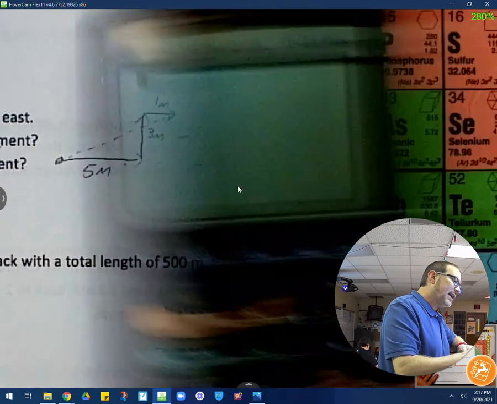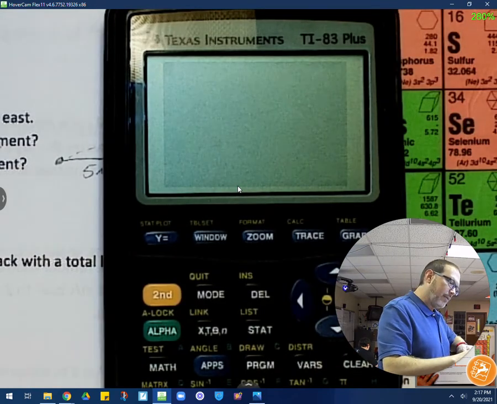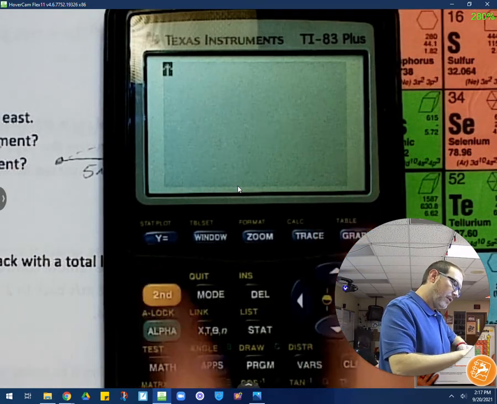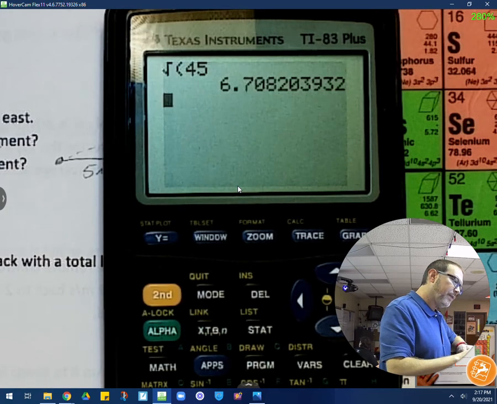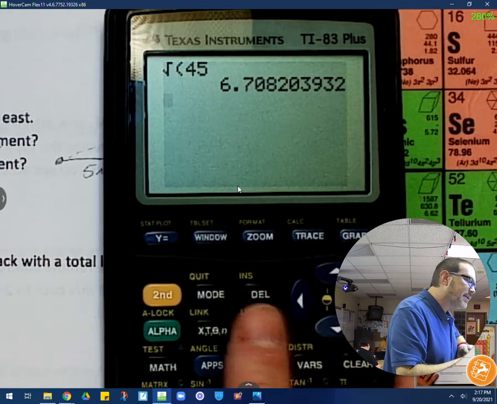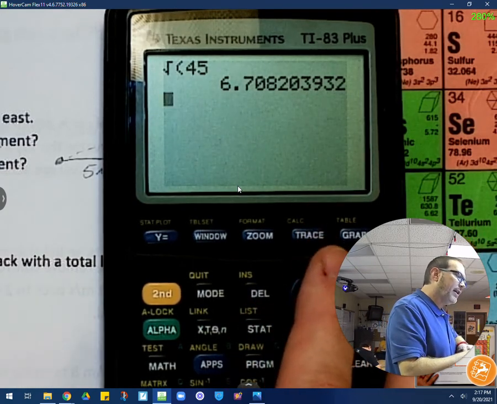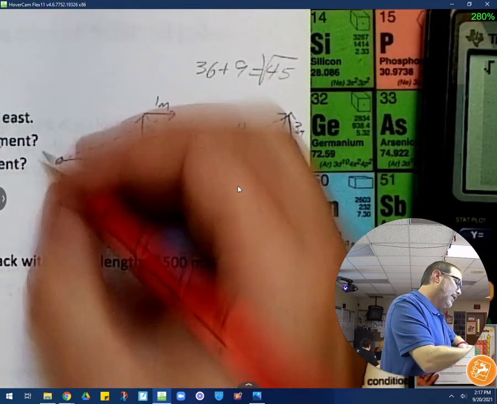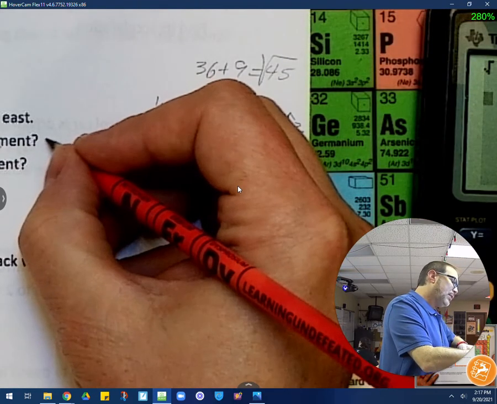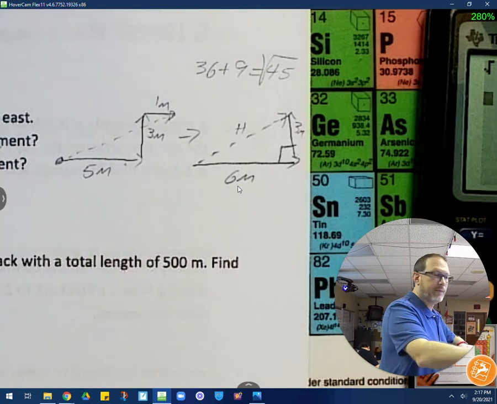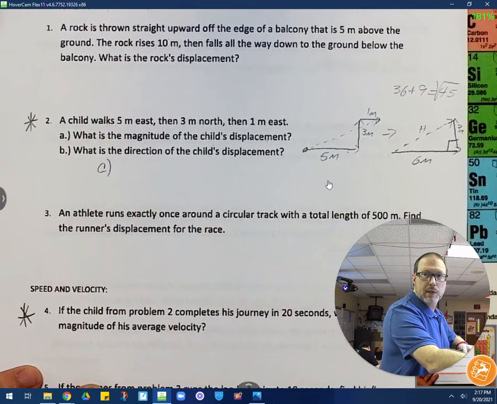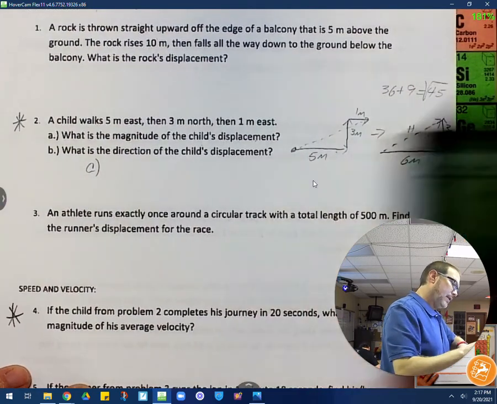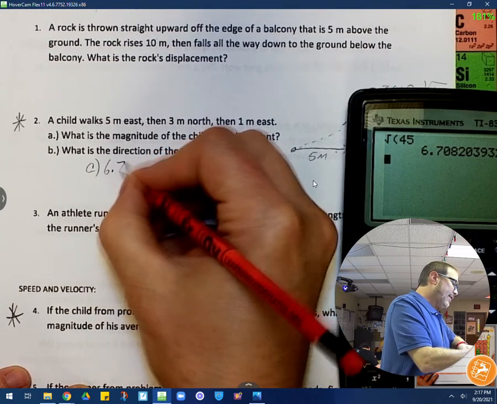I'm going to get a decimal for that. Square root of 45, and I get something like 6.708. I'm going to call that 6.71. So I can say that my displacement, A, is 6.71 meters.